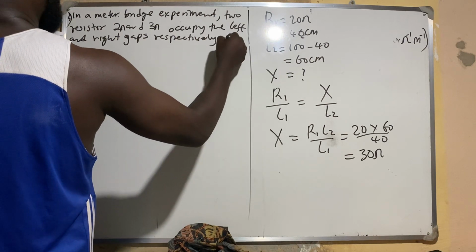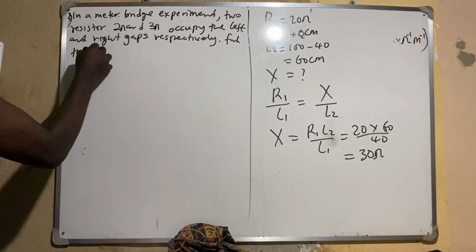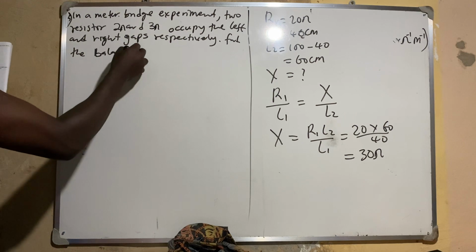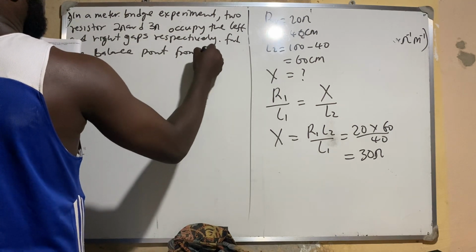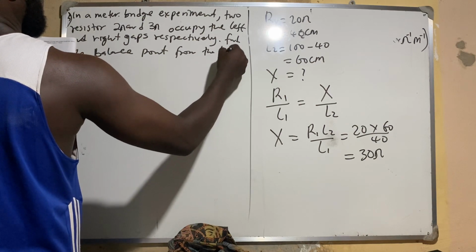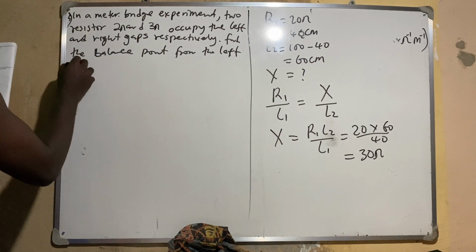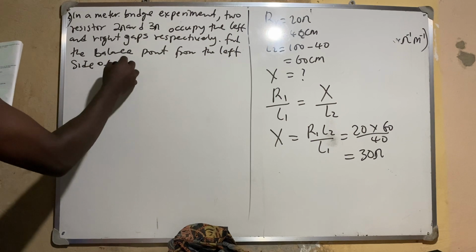They now say find a balance point from the left side of the bridge.